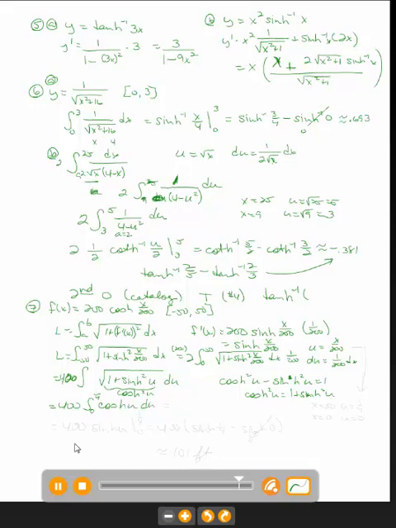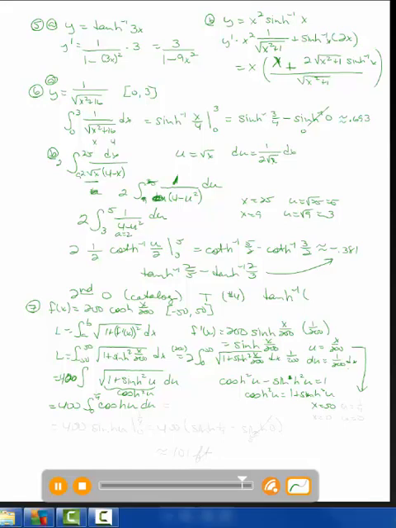Now I need to change those variables over because I didn't do that. So over here, I'm taking from that information right there. When x is 50, u is going to be 1/4. And when x is 0, u is going to be 0.